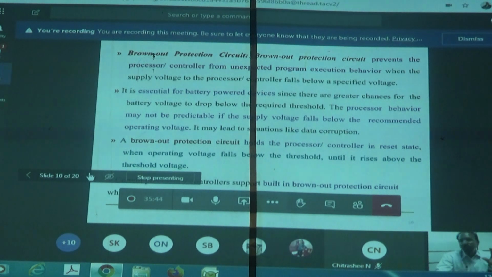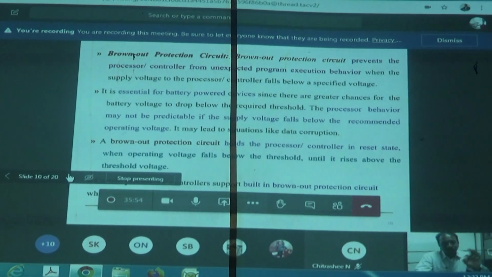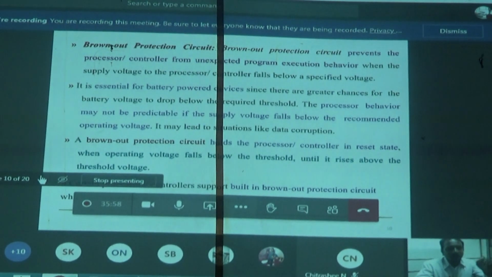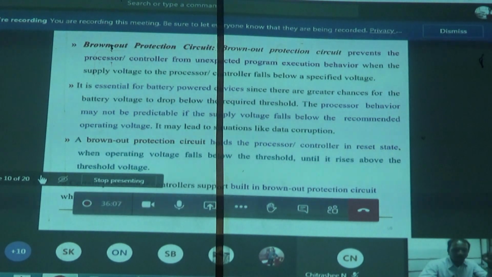All embedded devices come with batteries, so the voltage gets dropped. Once the voltage drops, your operating system or program will not execute properly. So it has to protect this circuit such that even though the voltage is dropped, the program execution should happen properly. For this to happen, you use this brownout protection circuit.